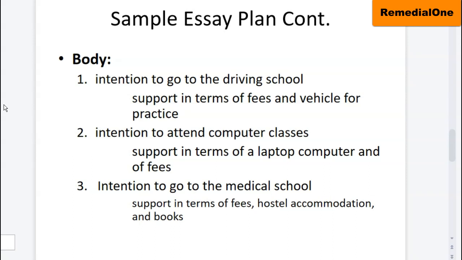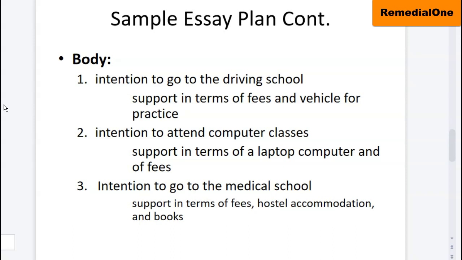make a decent mark. So this candidate intends to mention quickly 3 things that he intends to achieve after leaving secondary school. The first one in the body is the intention to go to the driving school.